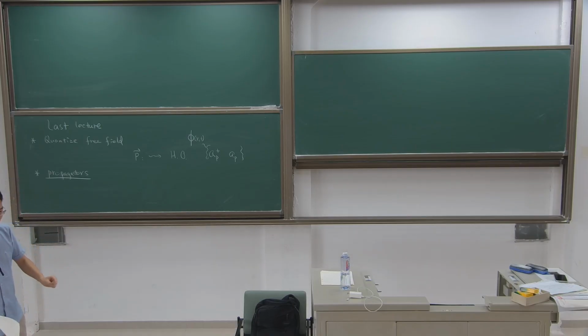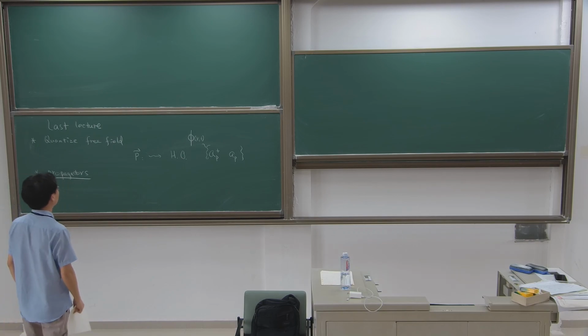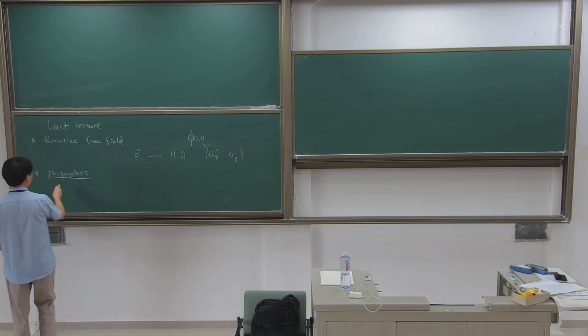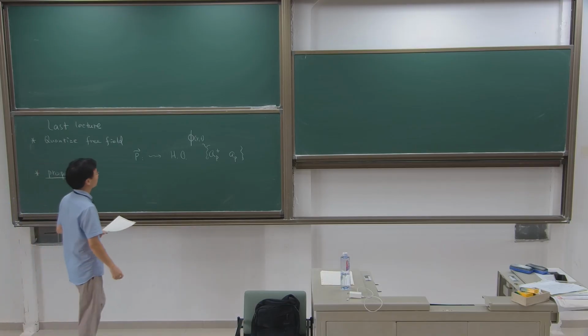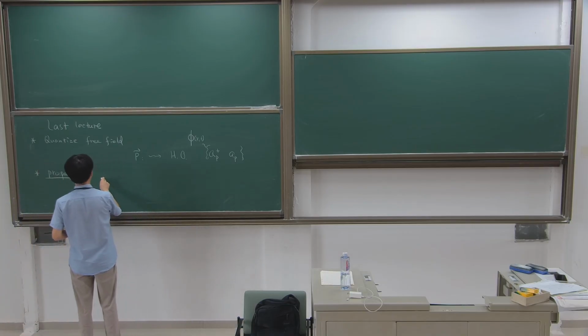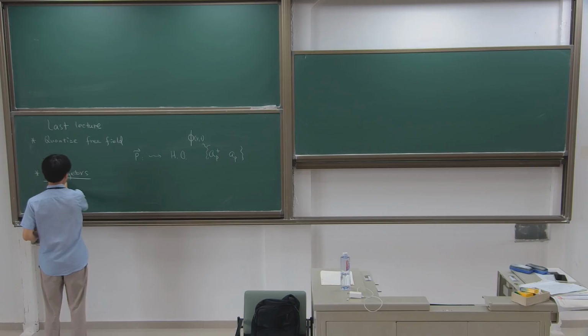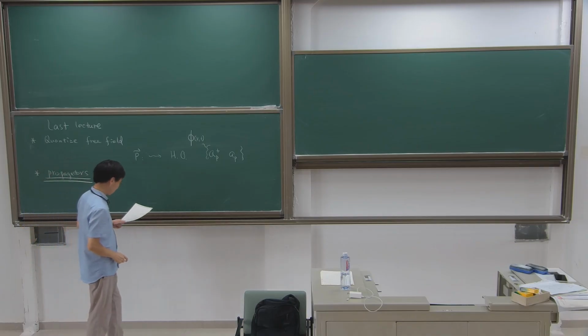We know how to express both of them in terms of a and a dagger. Again, just use the relation between a and a dagger to work out even the two-point functions, which are basically the propagators, the simplest one. So today we will continue to discuss the propagators.